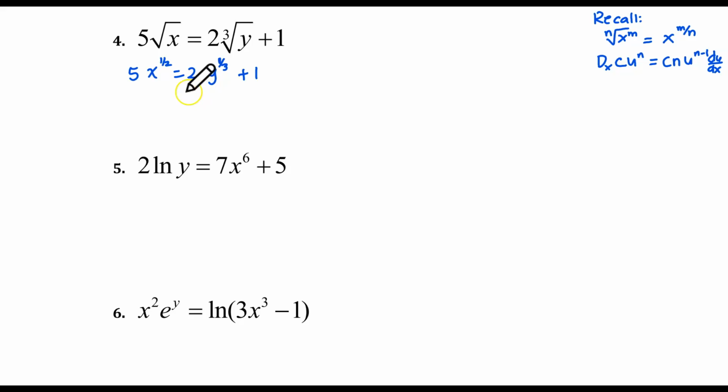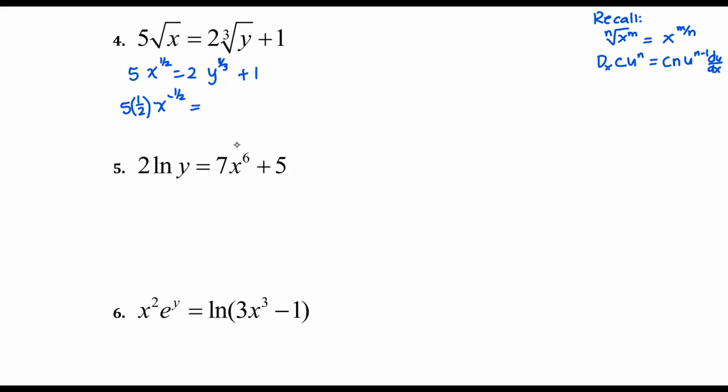Now let's apply that here. We differentiate both sides with respect to x. So we have 5 times 1/2, x to the 1/2 minus 1. 1/2 minus 1 is equal to negative 1/2.